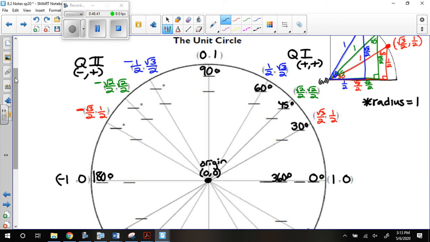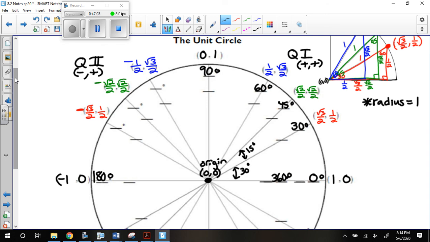So I want you to recognize that a big chunk like this is worth 30, and then a little chunk like this is worth 15 degrees, because 30 plus 15 makes 45, plus 15 makes 60, plus 30 makes 90.